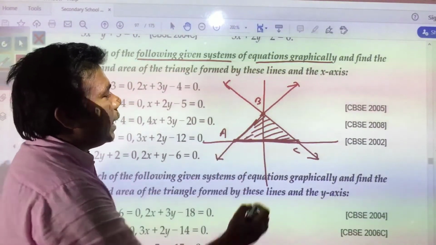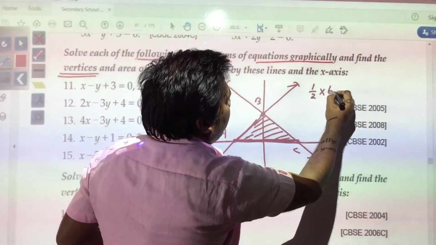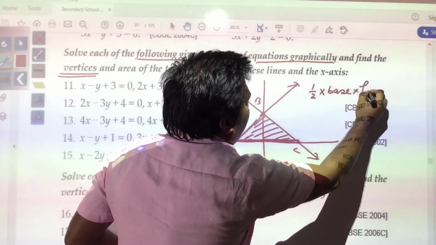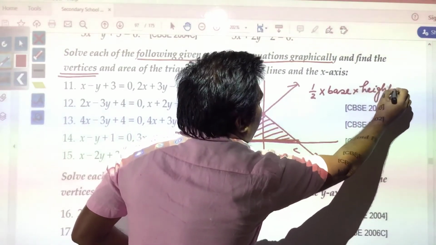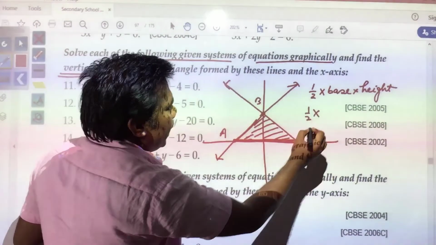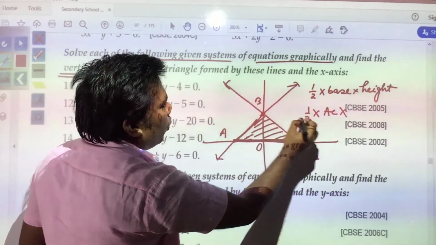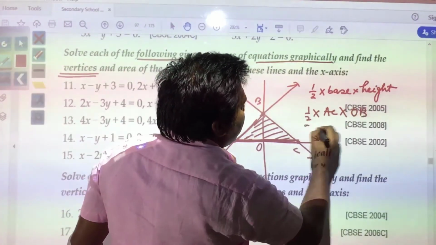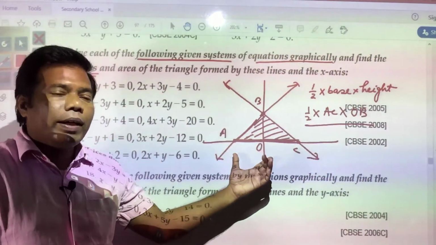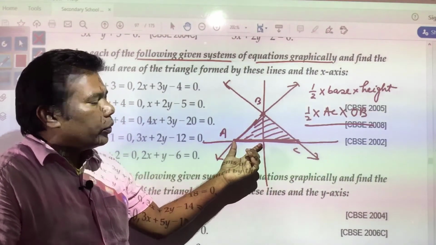So area of this triangle will be what? Area of a triangle we know is 1 by 2 into base into height. So here you will have 1 by 2 into base, which is AC, into height, which is OB. AC how will you find out? OC already you know, and OA also you know.